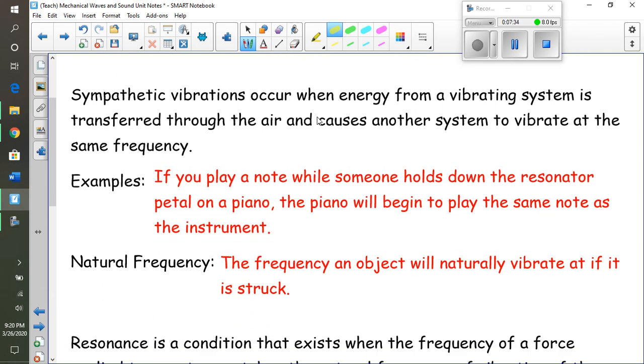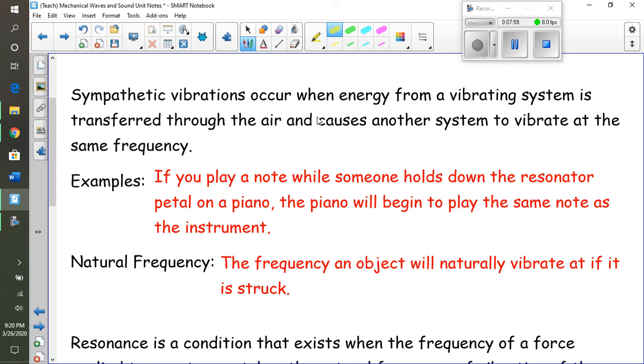First off, we have to know something about natural frequency. If you were to strike something, everything has a different natural frequency. If someone drops a wrench versus dropping a baseball bat, you would be able to tell the difference between the two. They have different natural frequencies.